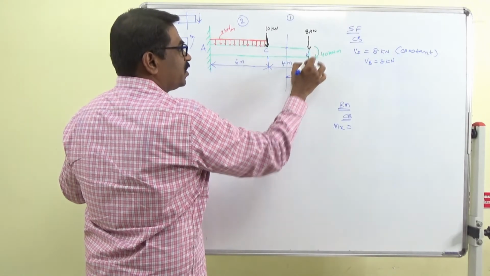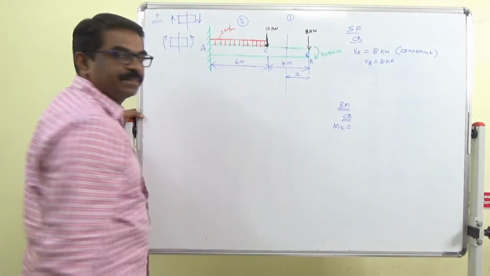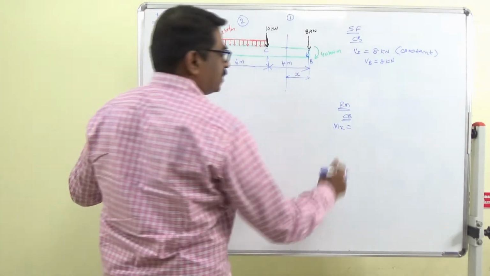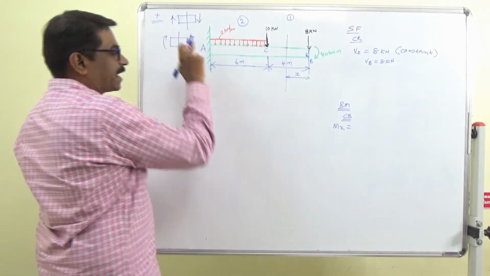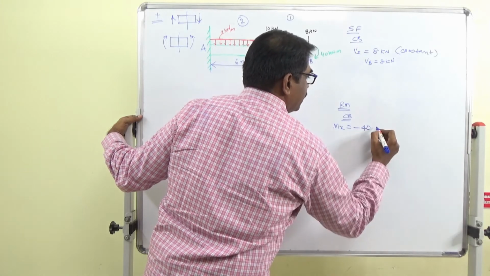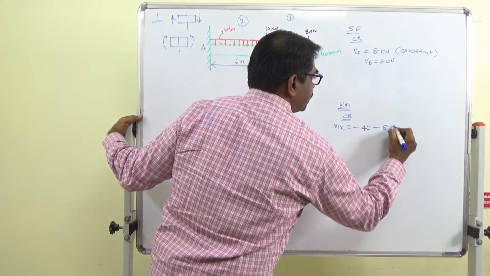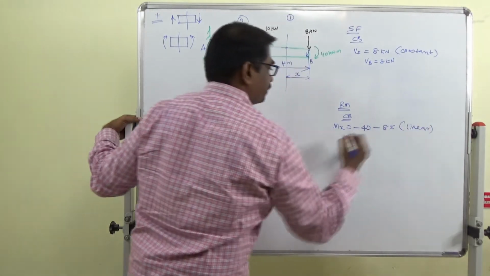The force into perpendicular distance is going to be clockwise. Clockwise is negative, so Mx equals minus 40 minus 8 into x. It is a linear expression.